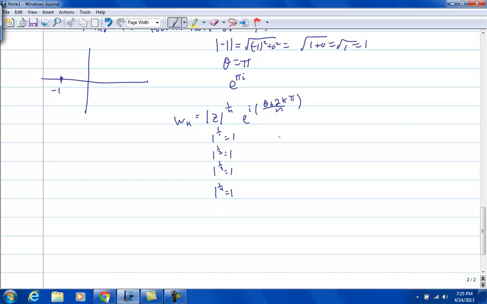So it's going to be e to the I times pi plus 2 times k, and I think we start with 0.